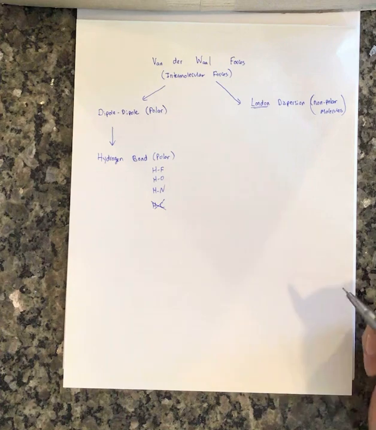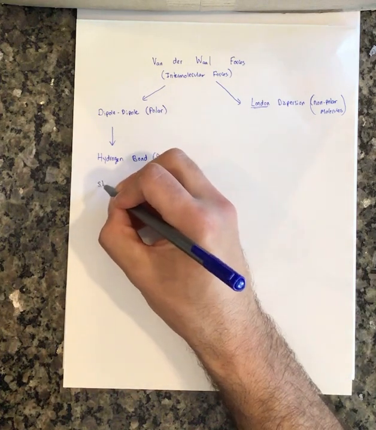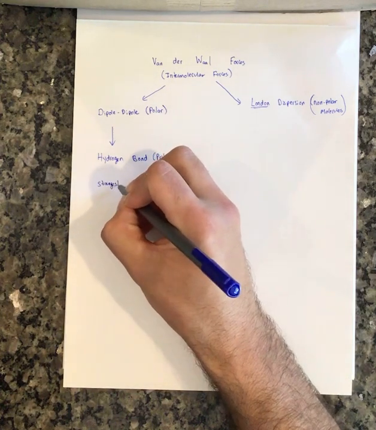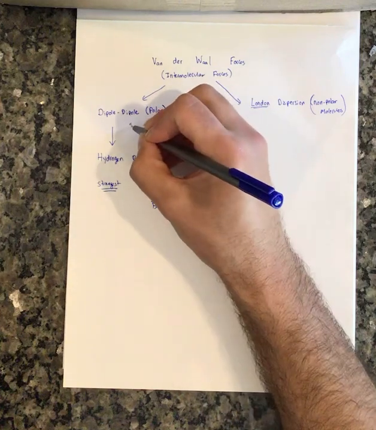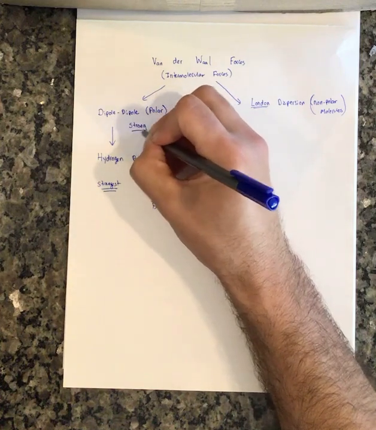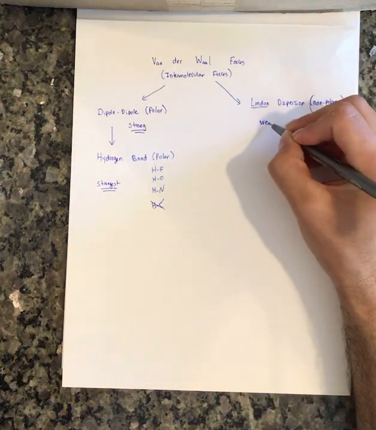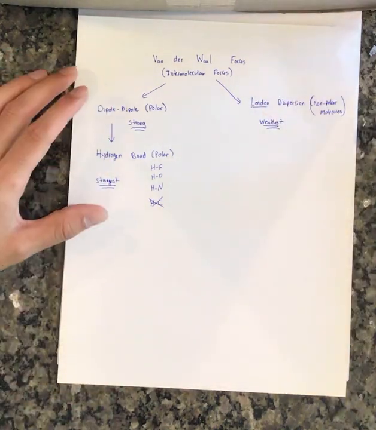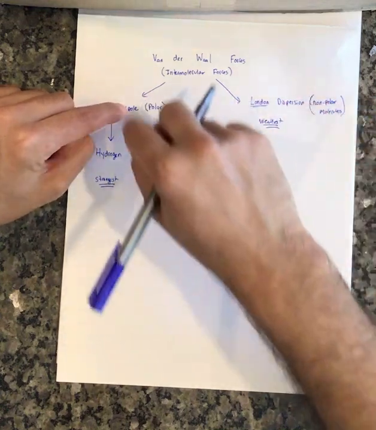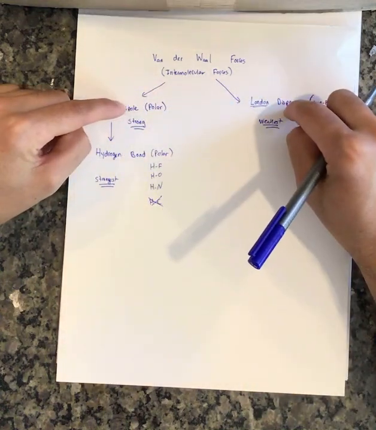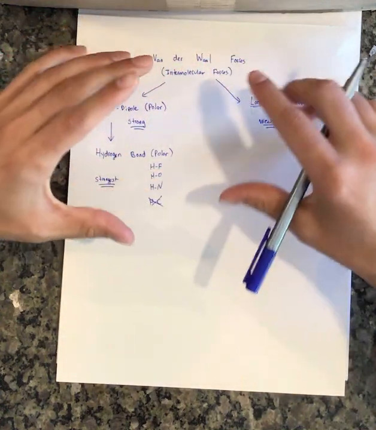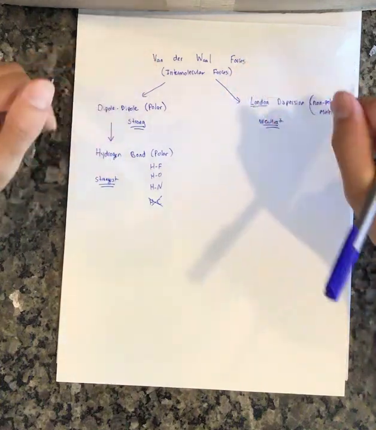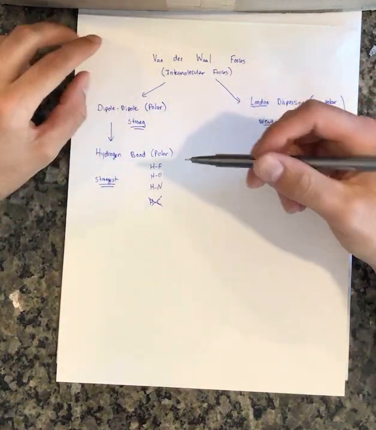So this is the strongest type, this is number 2, and this is the weakest, or number 3. Those are the three types of forces we're going to be looking at, and they're all called intermolecular forces or van der Waals forces, named after the person that came up with that.